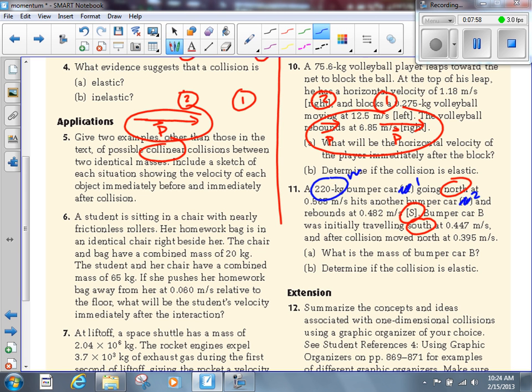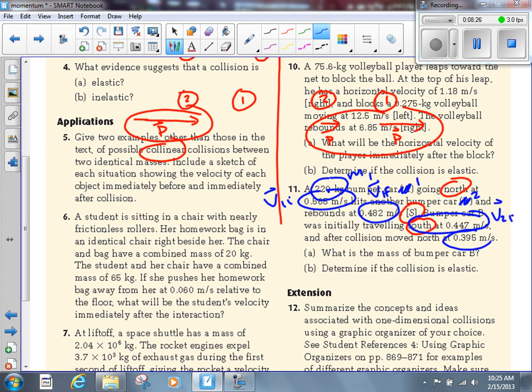We're going to call this M1. We're going to call this V1I, the initial velocity of the first bumper car. This one is going to be V1F because it's the same car rebounding at 0.482, and it's going to be negative. Bumper car B was initially traveling south at 0.447. We're going to call that V2I.